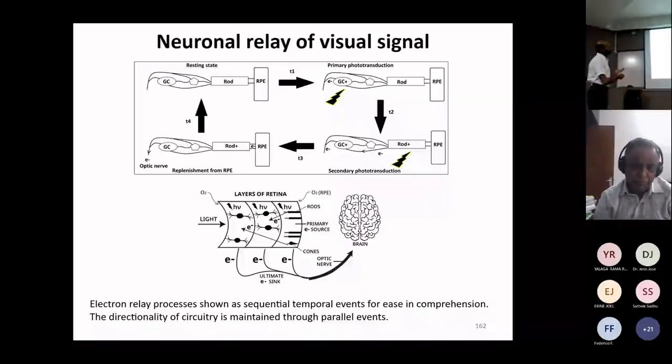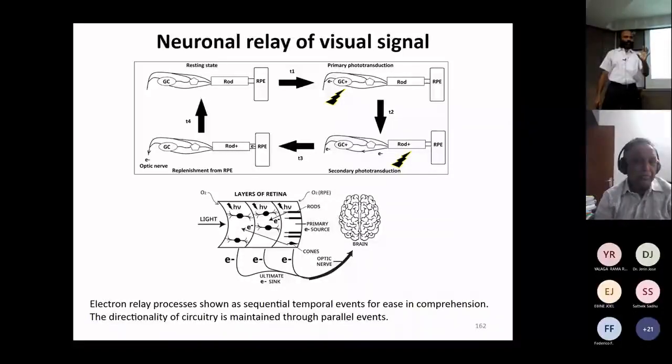So I say that this is the case in human beings also. What happens is the nerves take the signal away, so they become electron deficient. That is served by the rod cell. So the rod is like an electron pumping kind of machine. And then there is this dielectric, this lipid.